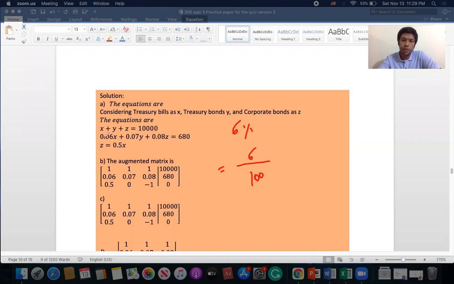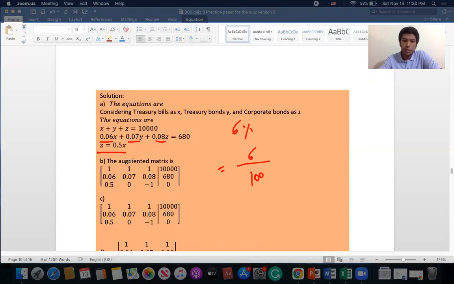So 6 divided by 100 means 0.06. Similarly, 7% means 0.07, and 8% means 0.08. This is the last condition, because they said that this part has to become half of that other part. So that's why we have this condition.